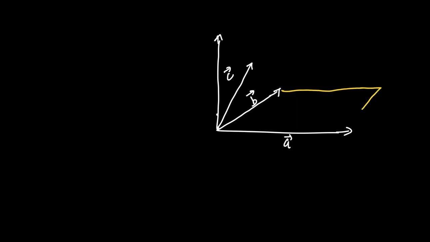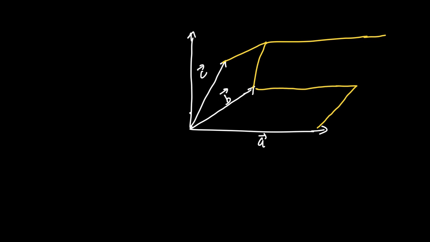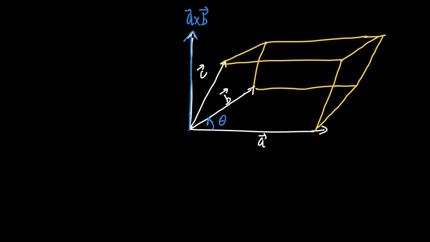If I complete a three-dimensional figure here, inclined like this, we got three vectors, A, B, and C. We know from the very definition of cross product that if theta is the angle between A and B, then this vector over here represents the cross product, vector A cross vector B.